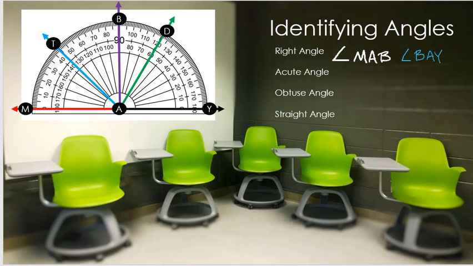All right, an acute angle, and there are several of them. An acute angle is anything less than 90. So one of them, I'm not going to name all of them, but one of them could be BAT, is an acute angle. Because this space in here, all of this space, is less than 90 degrees.